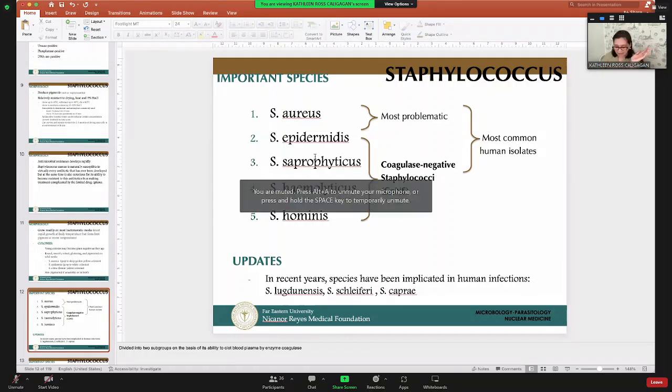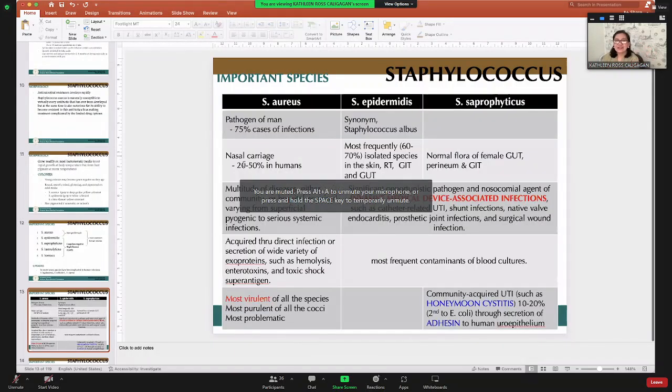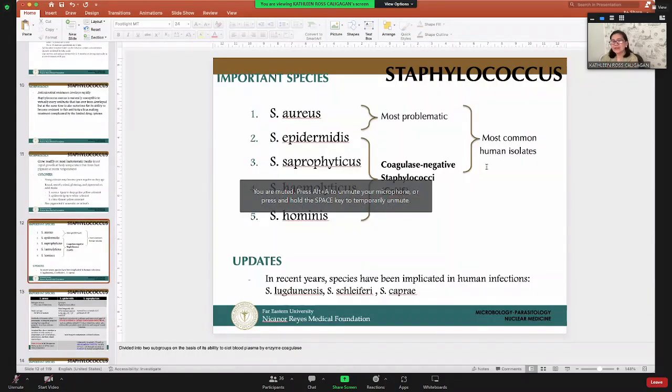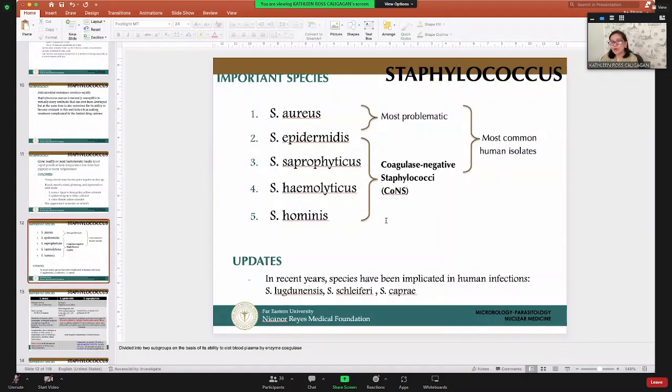All other Staphylococcus species are referred to as coagulase negative Staphylococcus, or CoNS, coagulase negative Staphylococcus. So Staph aureus is singled out. It's the most problematic. It's the most virulent of all species of Staphylococcus.